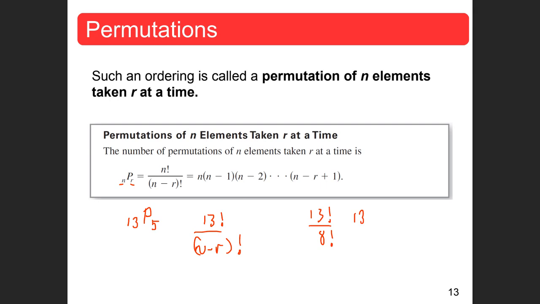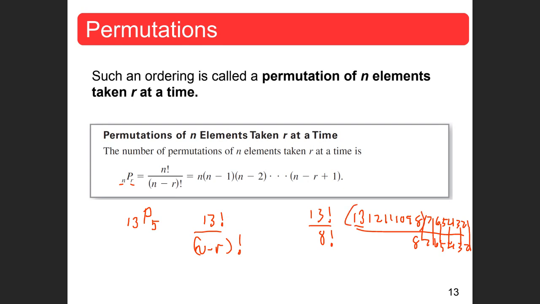So you could write it as 13 times 12 times 11 times 10, 9, 8, 7, 6, 5, 4, 3, 2, 1. But guess what? On the bottom, you have 8 factorial, 8, 7, 6, 5, 4, 3, 2, 1. So all of those are going to cross off. So you're just left with 13 times 12 times 11 times 10 times 9 times 8, which is exactly what we had the last time.